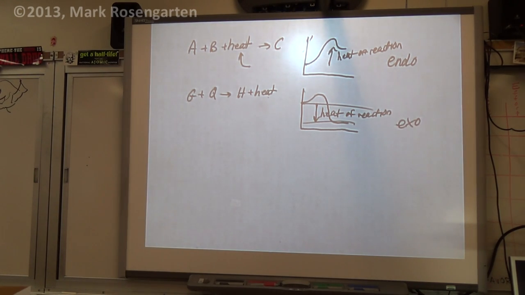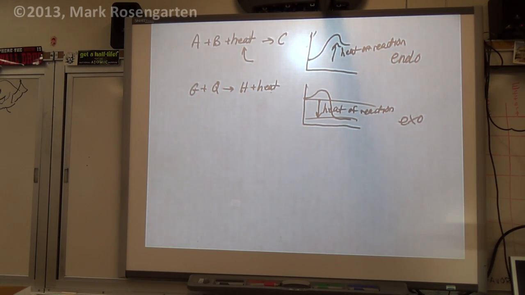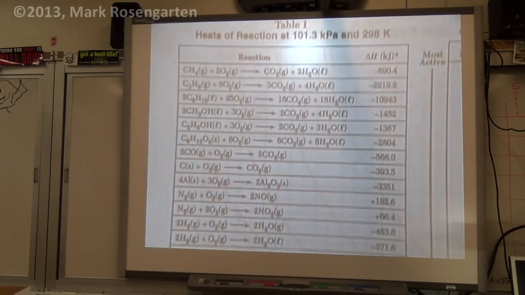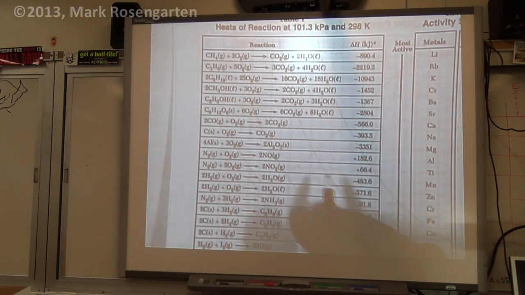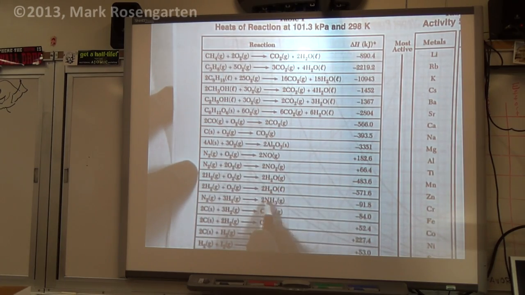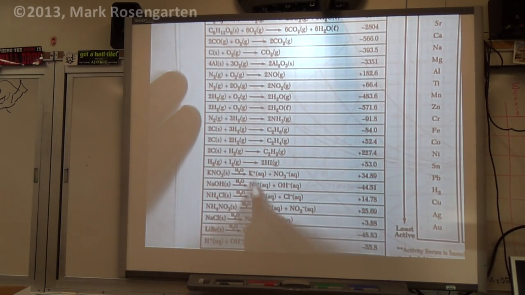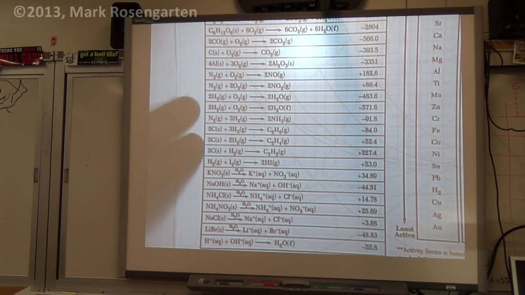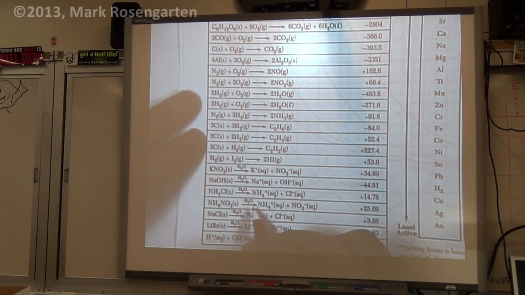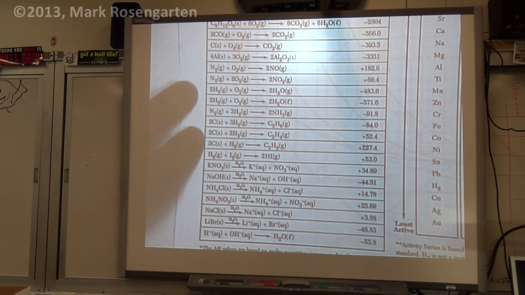From reference table I, it's even easier to tell. On reference table I, they give you a list of many different reactions, from the combustion reactions on the top, to the synthesis reactions underneath it, to the solution dissociation changes here, and acid-base neutralization on the bottom.